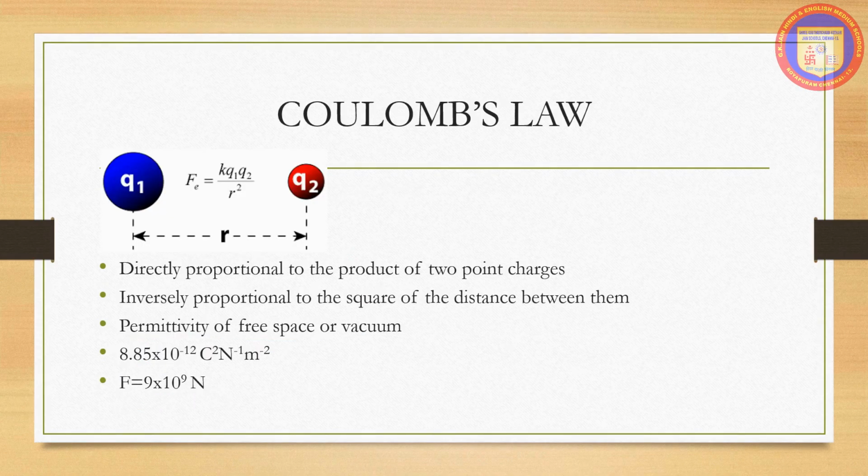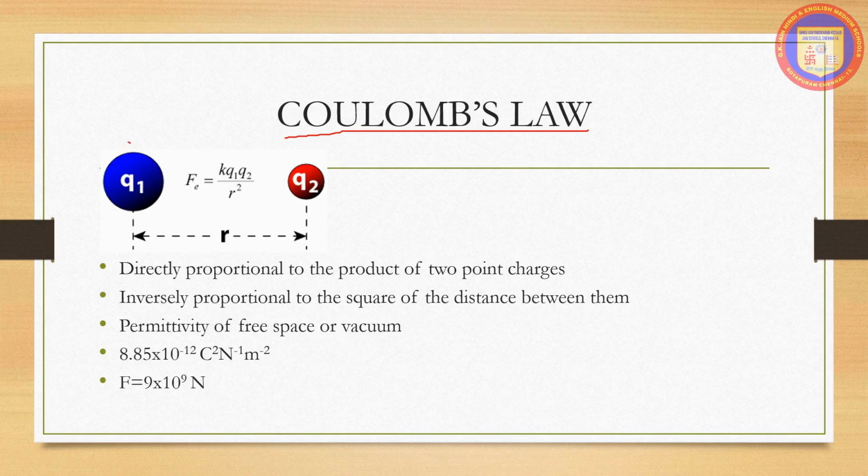Next, we are going into the next topic, which is called Coulomb's law. Coulomb deduced the expression for the force between two stationary point charges in vacuum or free space. Consider two charges Q1 and Q2 at rest in vacuum and separated by a distance r.